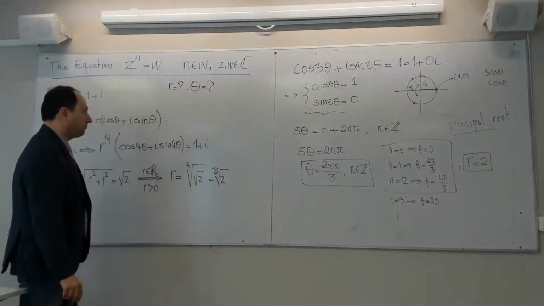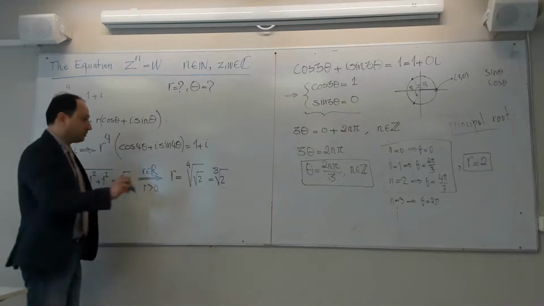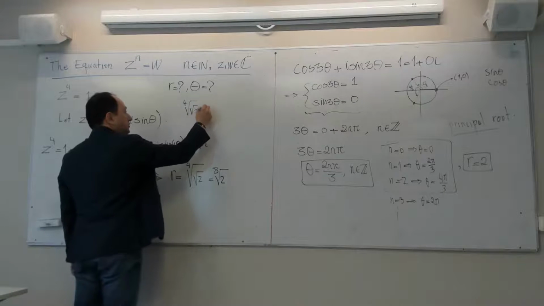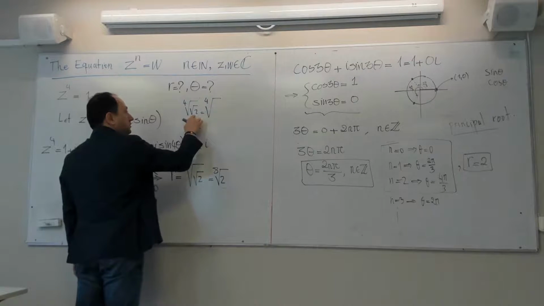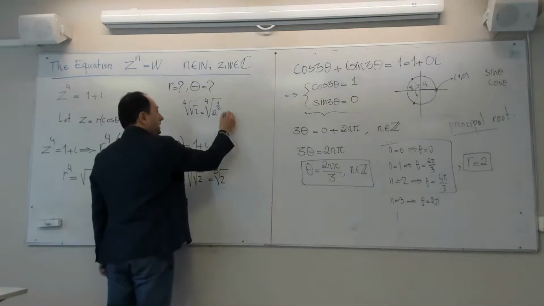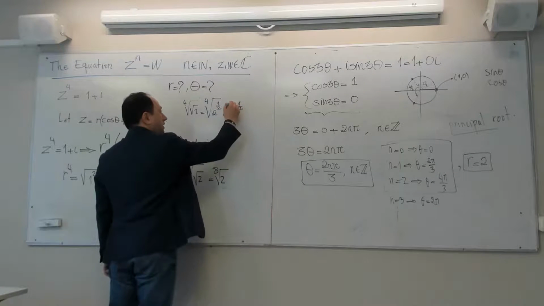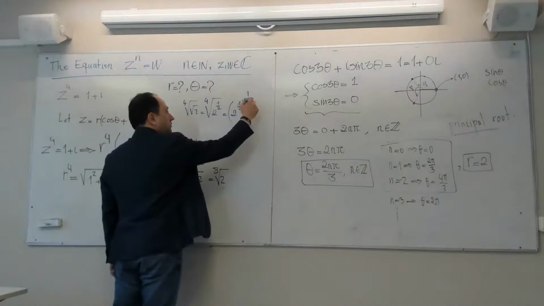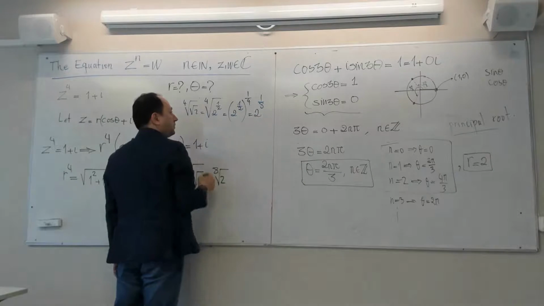Yes? If you want to understand that, let me explain. Instead of the square root of 2, you can write 2 to the power of 1/2. But then again, this becomes 2 to the power of 1/2, to the power of 1/4. Then 1/2 and 1/4 are multiplied, and it becomes 1/8.